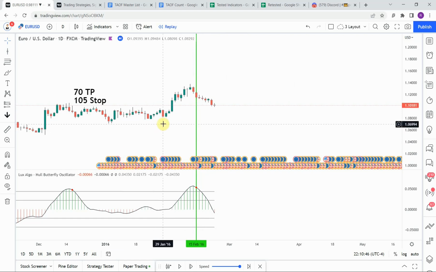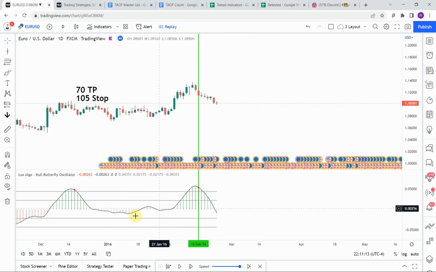All right, so the first signal that we pick up is a short signal. You can see that our oscillating line here breaks up above these areas right here. So it's kind of like an overbought, oversold type area. These two lines here, you can think of anything above those lines or below those lines as being in the overbought, oversold type zone.